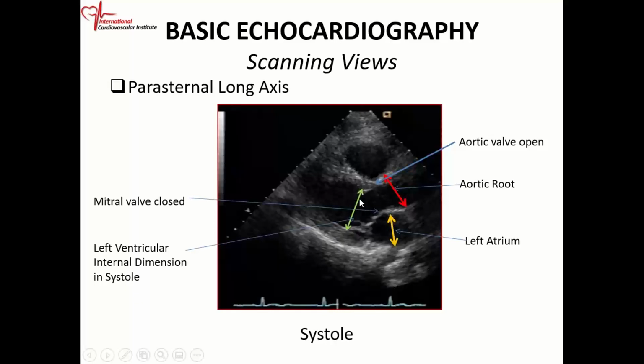And you also want to measure the left ventricular internal dimension in diastole. Then you measure again at the tip of the mitral leaflet the left ventricular internal dimension in systole. So you measure it in diastole and you also measure it in systole.